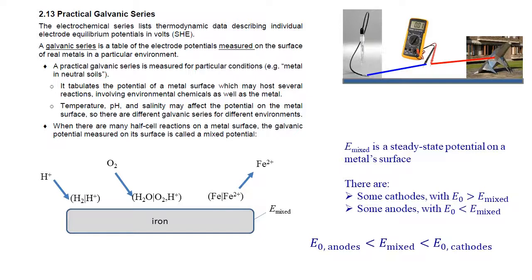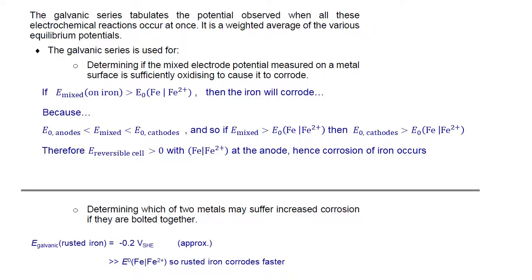So when we want to predict corrosion, all we actually need to do in practice is ask if the mixed surface potential is more positive than the equilibrium potential for the possible metal anode. If yes, then that metal will be corroding. The justification for that is that we have this inequality where the mixed surface potential is some value between the anode and cathode equilibria.